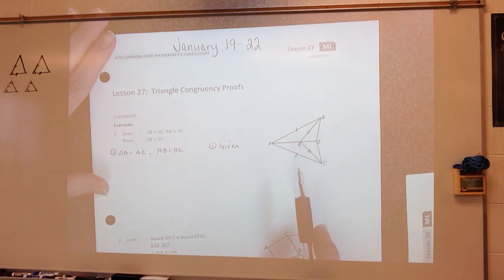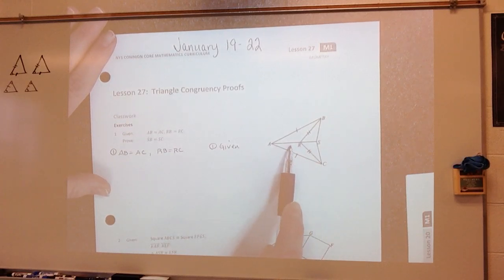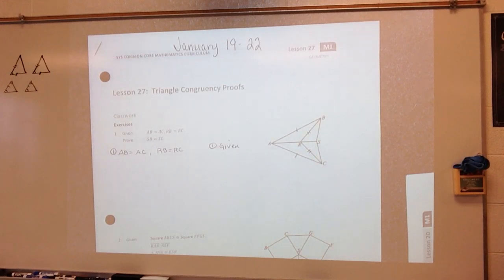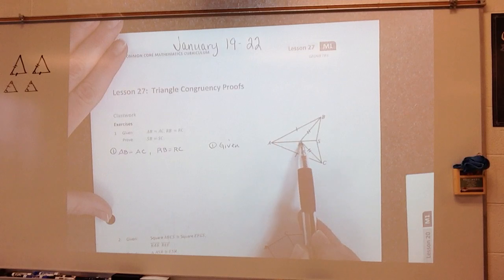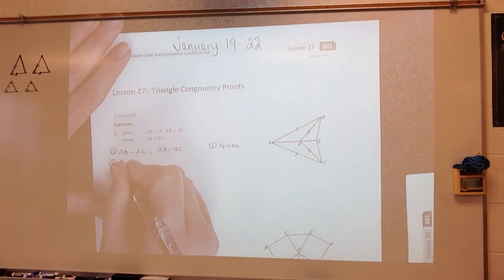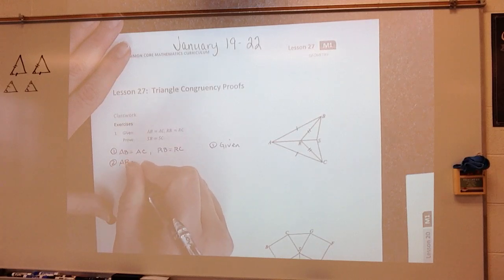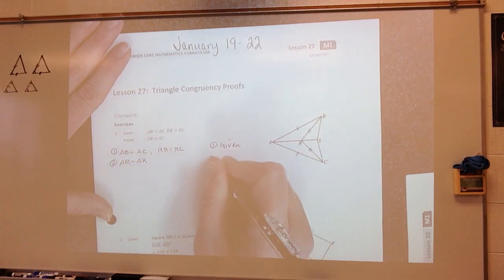Guys, we're already very close to proving this triangle congruent to this triangle. I can do that with one more step. If you look at this, AR is a part of both triangles, so I can say that AR is equal to AR by the reflexive property.